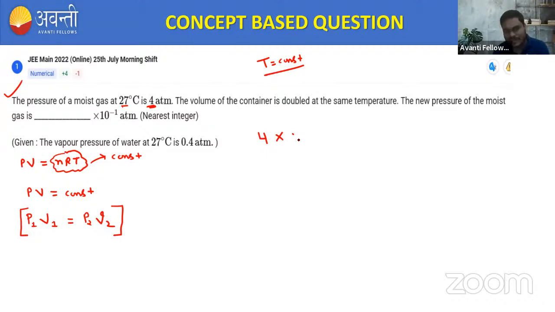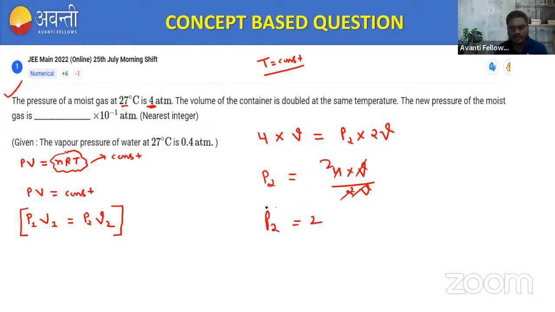So double हो गया. यानी पहले अगर मैं इसको V मानता हूँ, let us assume this is V, and this is equal to P2. You need to calculate, and V2 is double. That is 2V, right? Good. Now you need to calculate this P2. So this P2 value comes out to be 4 into V upon 2V. V gets cancelled. This comes out to be 2. So P2 comes out to be 2.